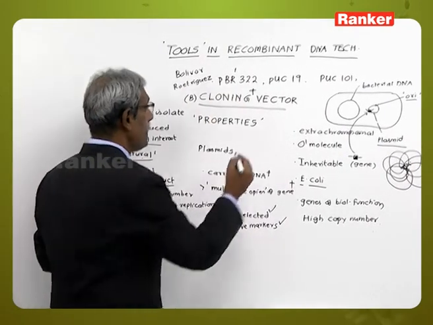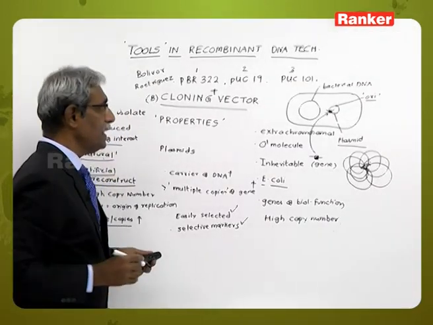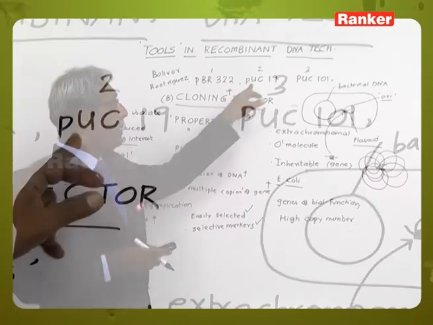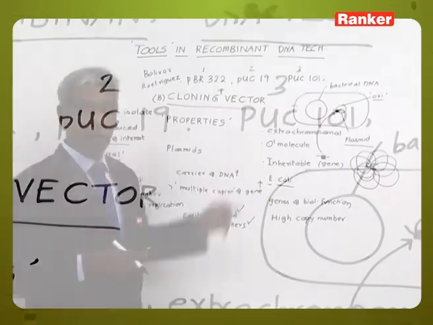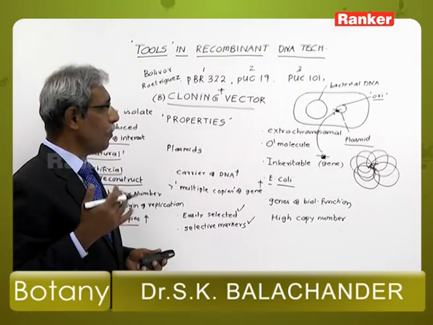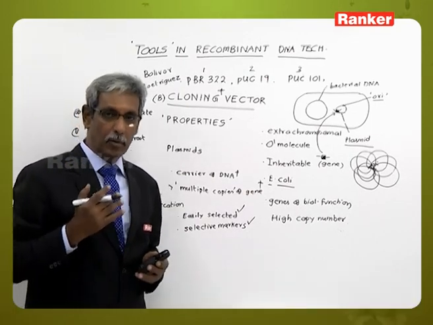And again, common plasmids which are primarily studied are the plasmids called pUC19 and pUC101. pUC plasmids are a series of plasmids which have been developed at the University of California.